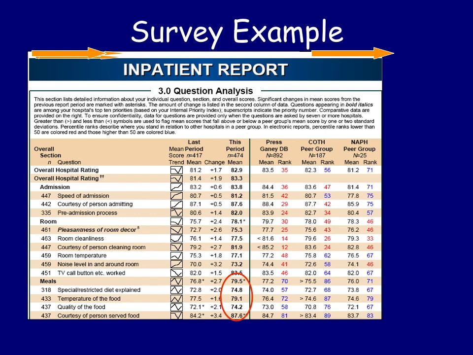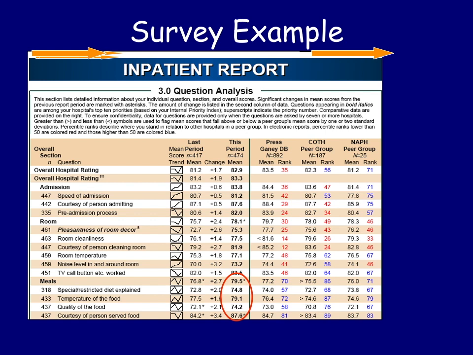What this means is the average for this subset was 75.5, and the hospital being reviewed ranked in the 86th percentile. So what does rank mean? It means that the average for this hospital was better than 86% of hospitals in the COTH group, and lower than 14% of hospitals in this particular group.